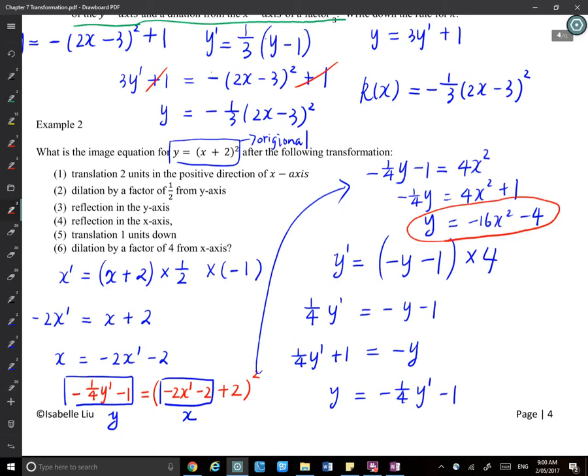Make sure you have the brackets in the correct places and the order is correct. Even though the question becomes complex, we still use the knowledge we learned last week: translation, dilation, and reflection.